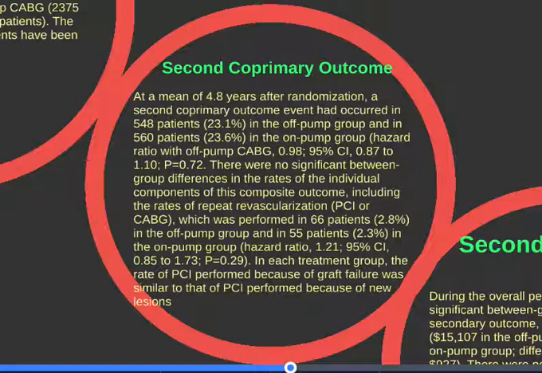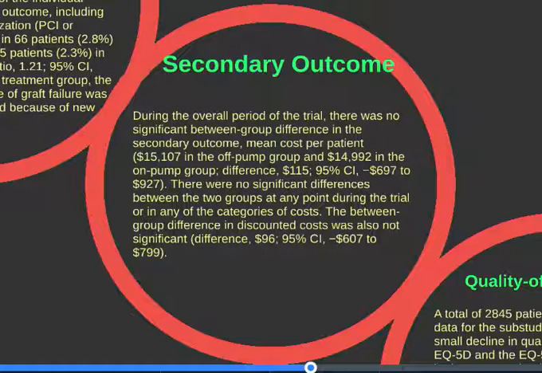There were no significant between-group differences in the rate of individual components of this composite outcome, including the rate of repeat revascularization, which was performed in 66 patients in the off-pump group and 55 patients in the on-pump group. In each treatment group, the rate of PCI performed because of graft failure was similar to that of PCI performed because of new lesions.